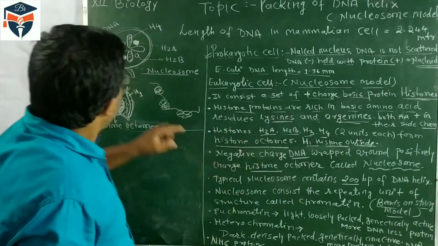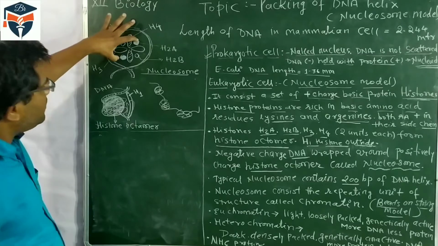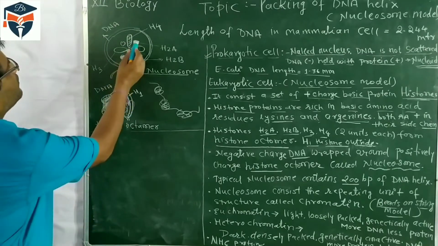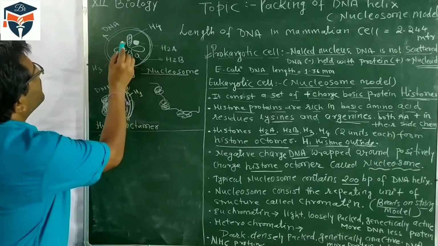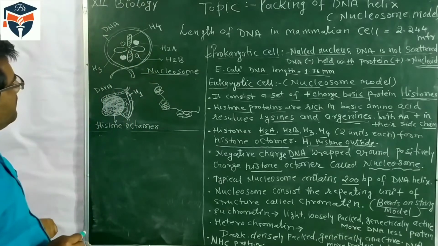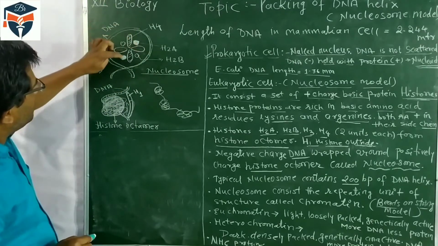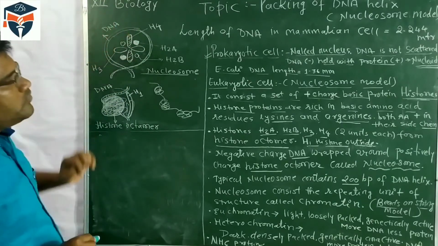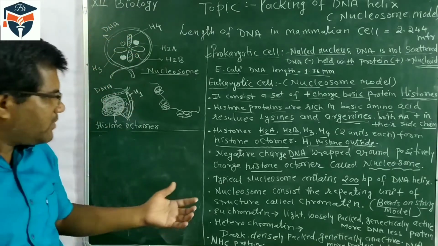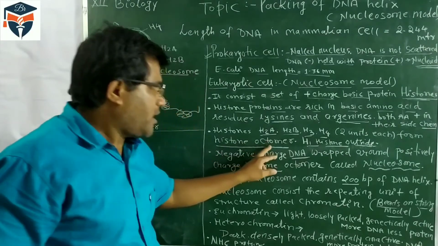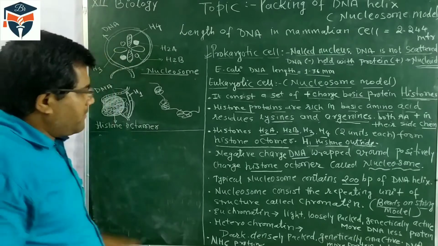These histones are H2A, 2 units; H2B, 2 units; then H3, 2 units; and H4, 2 subunits. Thus a total of 8 units form the histone octamer. This structure is called the histone octamer.